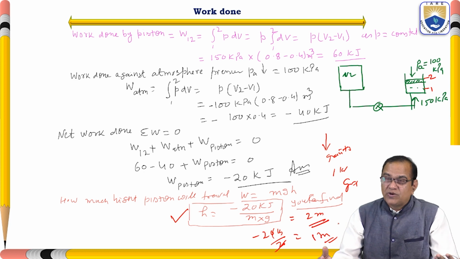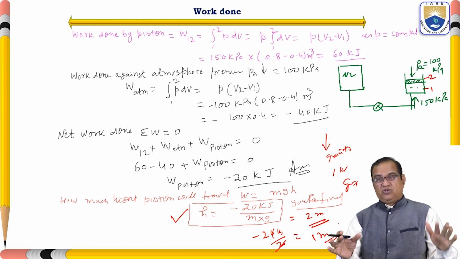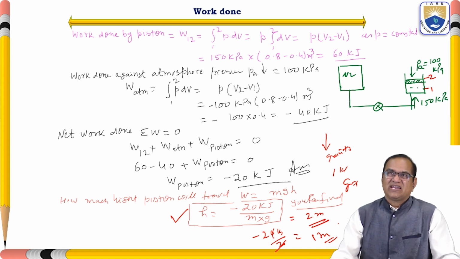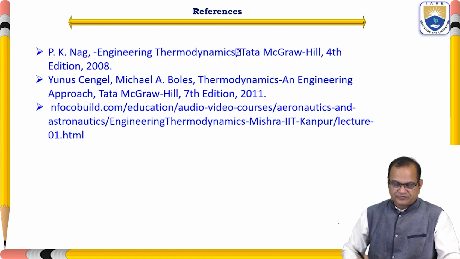If it is 2 kg, it is half meter. Like this, it will reduce the travel distance. So in this way, we can calculate the things, we can find out the things of the required system.